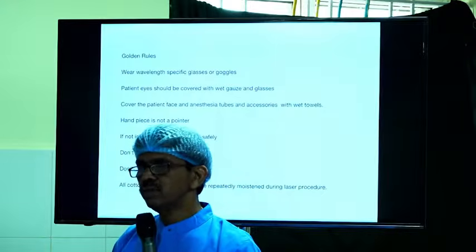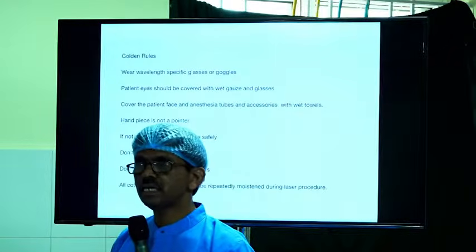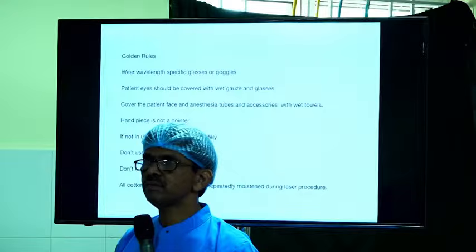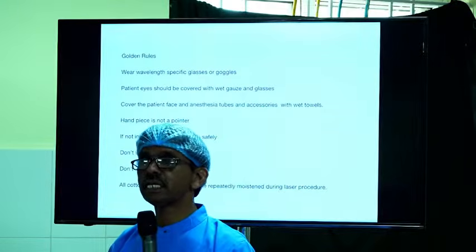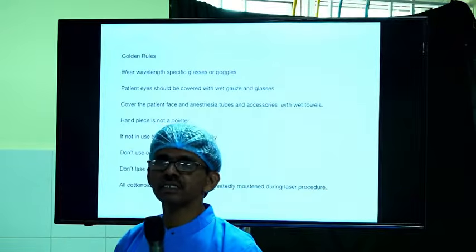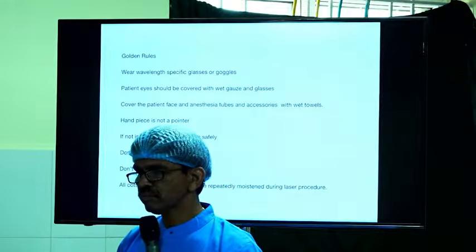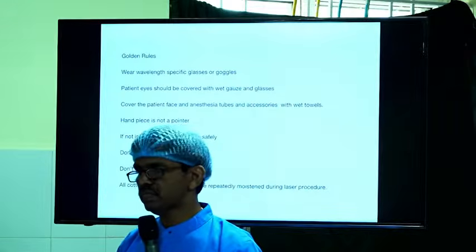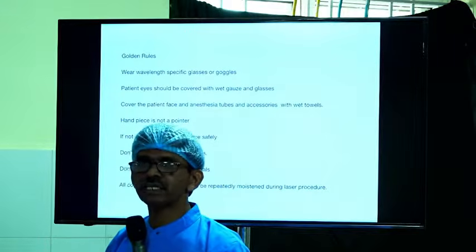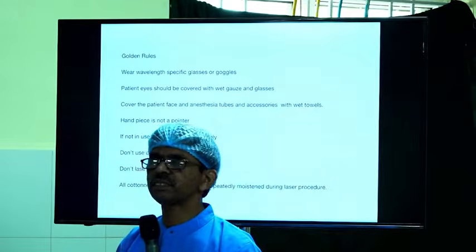Keep in mind, the laser handpiece is not a pointer. If not in use, deposit the handpiece safely. Don't use the laser beam on a surgical instrument, as it can reflect back and cause injury.